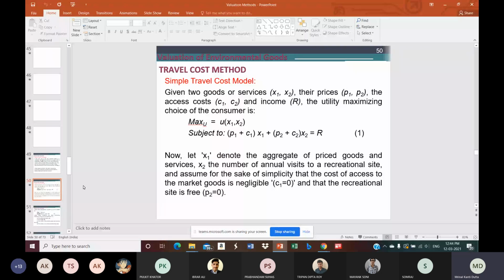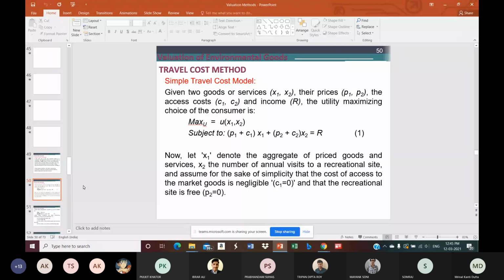Here, X1 denotes the aggregate of priced goods and services, and X2 the number of annual visits to a recreational site. For the sake of simplicity, it is assumed that the cost of access to the market good is negligible. So market good is X1, C1 is considered to be 0, and the recreational site is free, so there will not be any price for the recreational site.